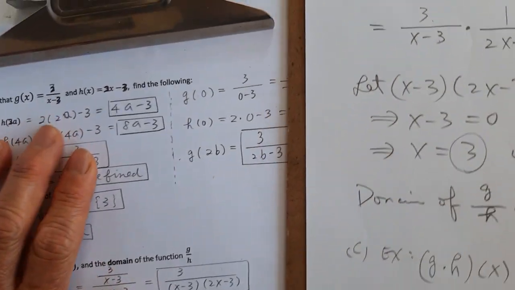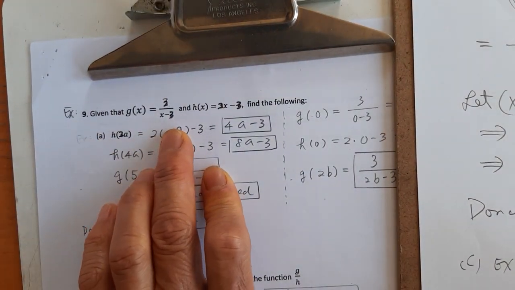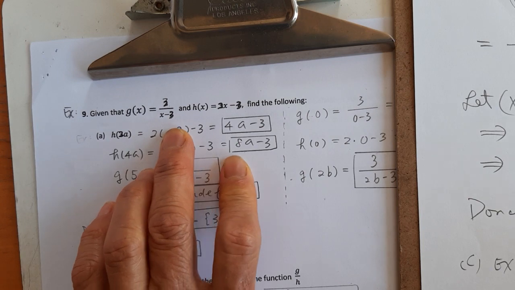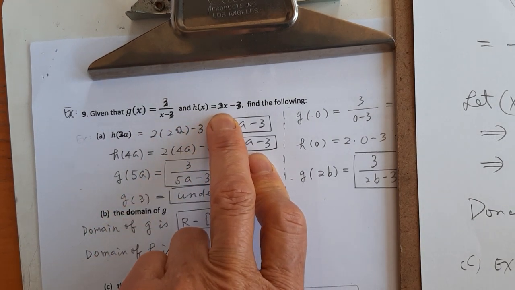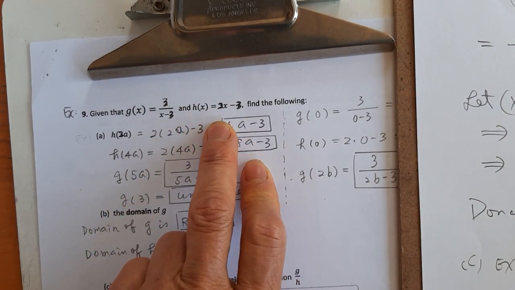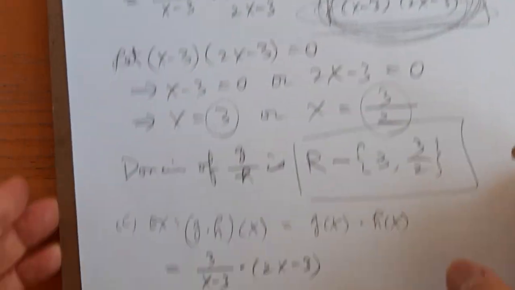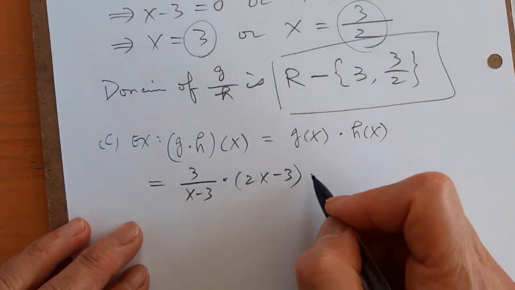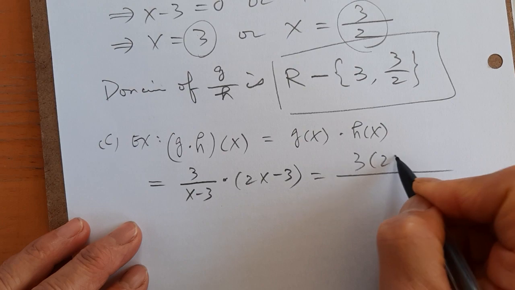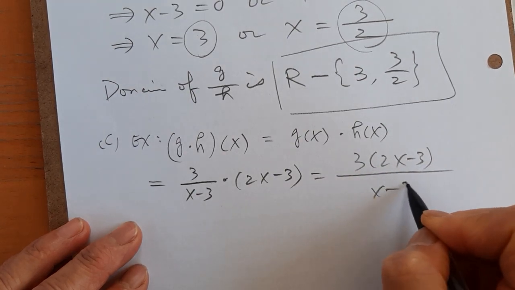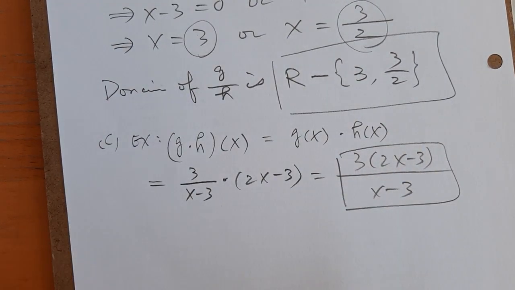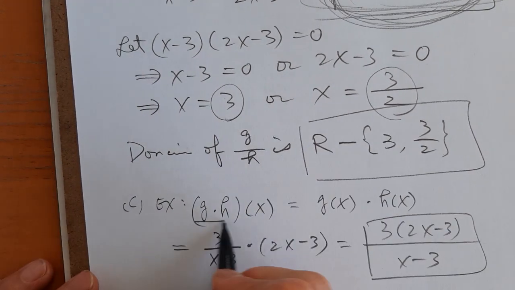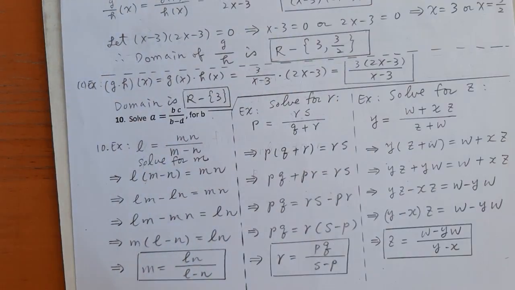Now g of x is 3 over x minus 3, times the h function, 2x minus 3. You multiply together, you get 3(2x - 3) over x - 3. This is the multiplication function, g times h of x.